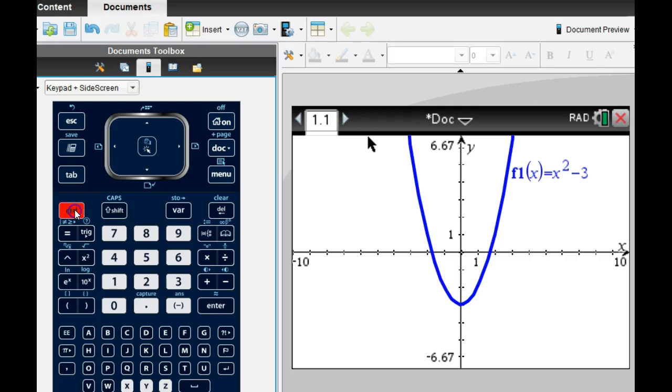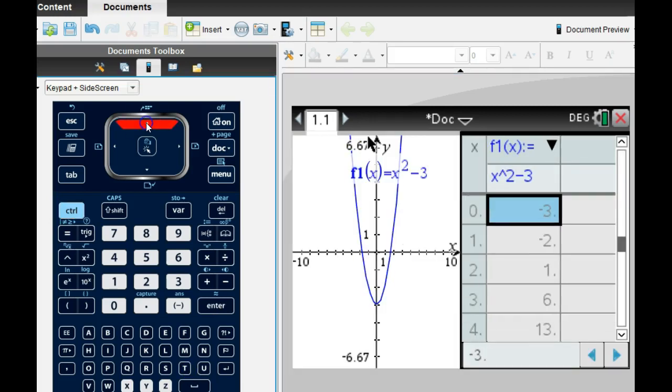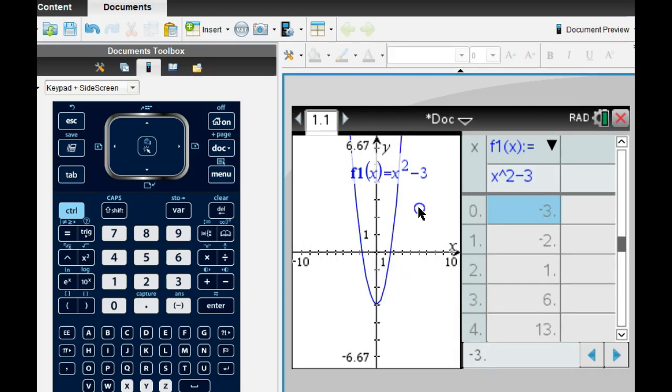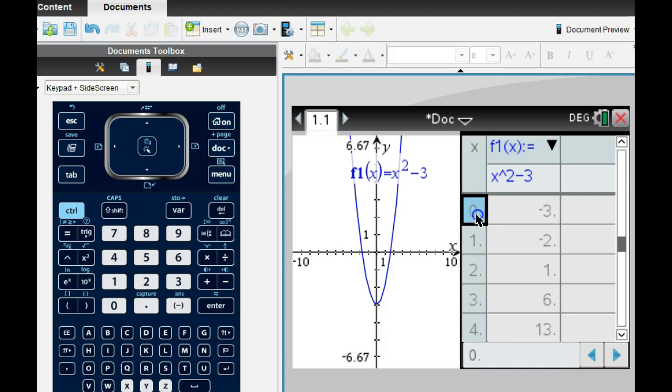So let's hit Control T so we can see the rest of our table. And again, all I want is from here to here. I want the right side of my graph because when it flips over, I'm only going to have the top side of the square root. All right, so 0, negative 3, 1, negative 2, 2, 1, 3, 6.